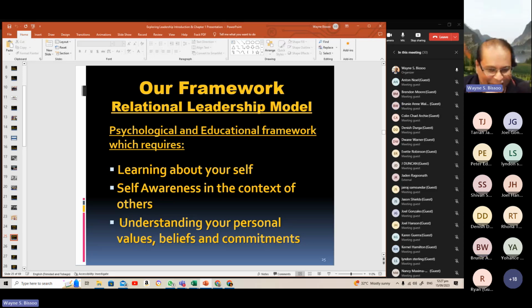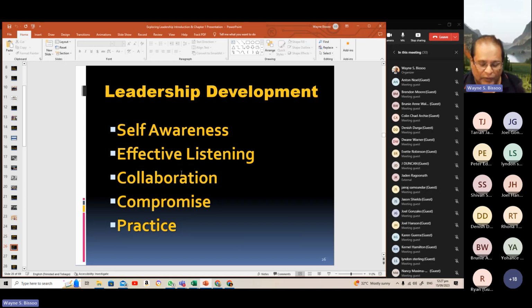All right. So this has to do with understanding your belief structures, and that has to do with your moral standings. That's another chapter that you guys are going to be dealing with. But the framework sits upon these things that we have to begin looking at. So in terms of your own leadership development, we need to be looking at your degree of self-awareness, your ability to effectively listen, your ability to collaborate, compromise, and of course putting all these things into regular practice.